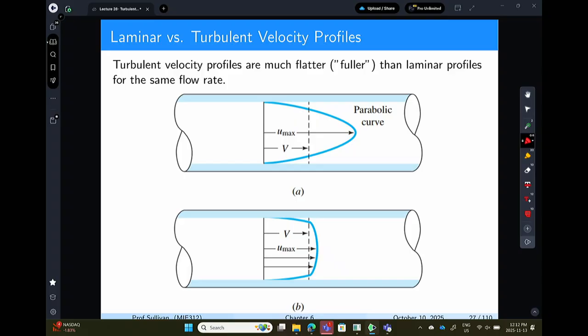However, when you have a turbulent profile, you have essentially a flat profile across most of the cross-section of the pipe. The velocity there is pretty much the maximum velocity, and it stays that way over a large region. There is a small region near the wall where fluid is being slowed down. And that goes to your dimensional analysis where you talked about things like Reynolds number. Inertial effects are not as important in the top as they are in the bottom.